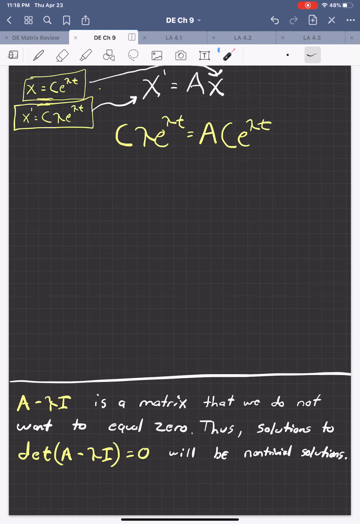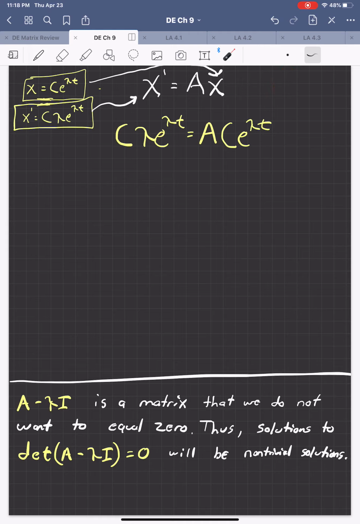So in this case, let's take a look at what we have here. Now, I'm going to write this off to the side, but I'm going to divide both sides of this equation by e to the lambda t. Now I can do that because I know that e to the lambda t is just e to a scalar, so it will never equal 0, right?